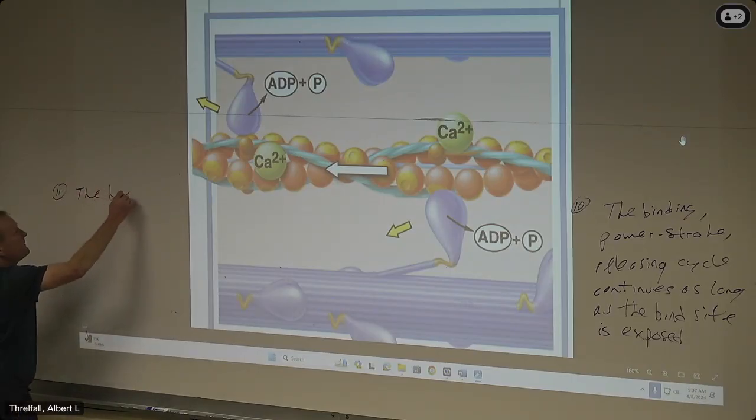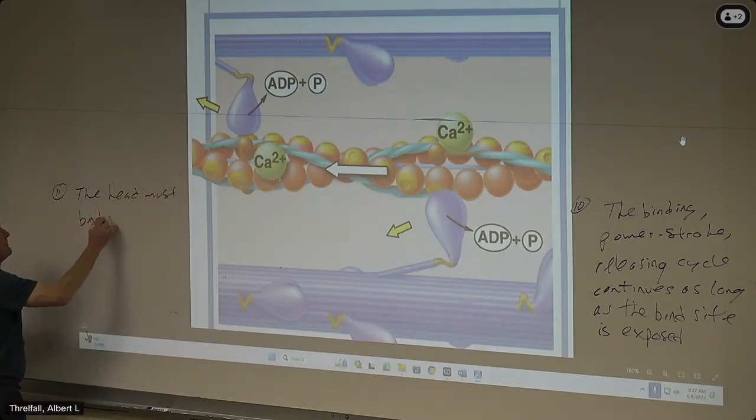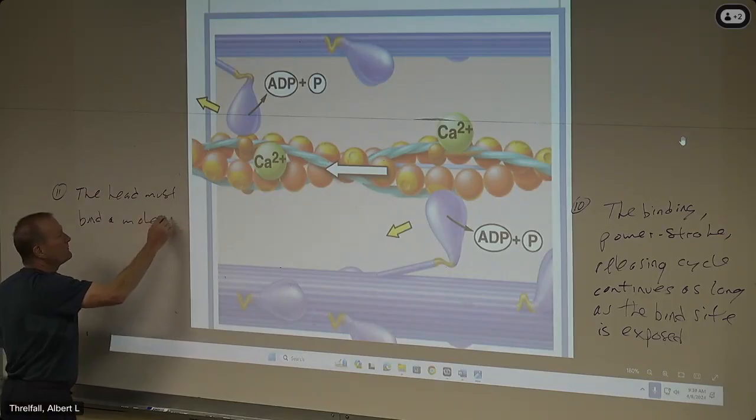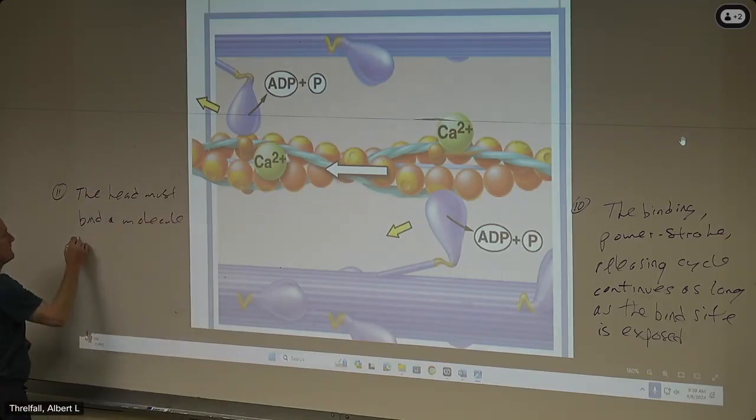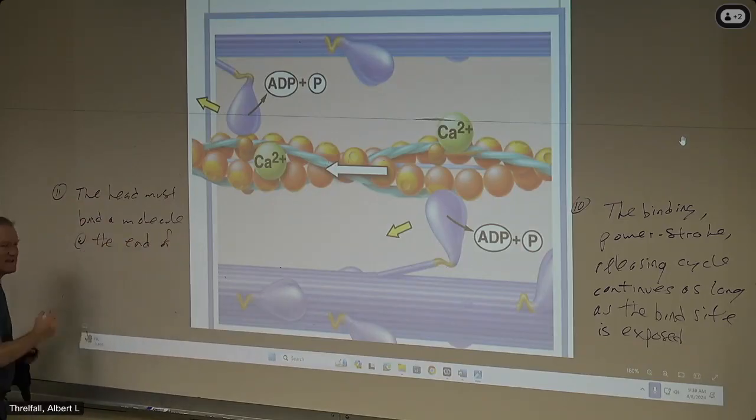The head must bind a molecule at the end of each cycle, bind, power stroke, release, bind, power stroke, release.